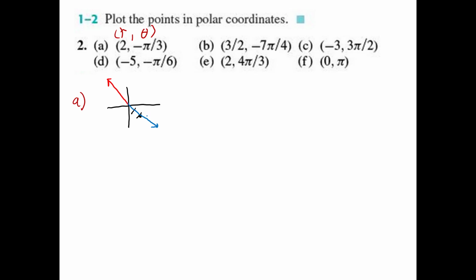And there you go. There's your point. 2 comma negative pi over 3.